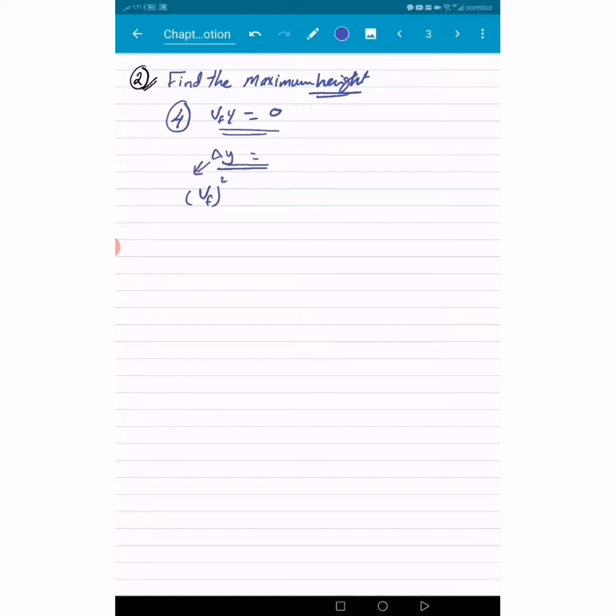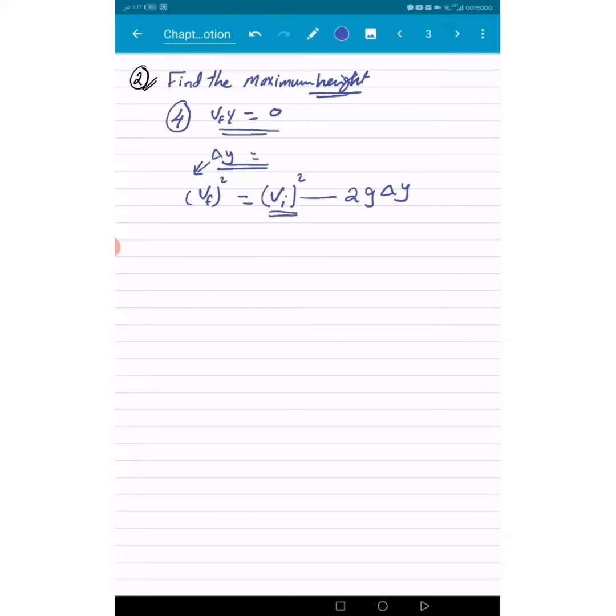The maximum point is in y, maximum height. V final squared is equal to V initial squared minus 2g delta y.